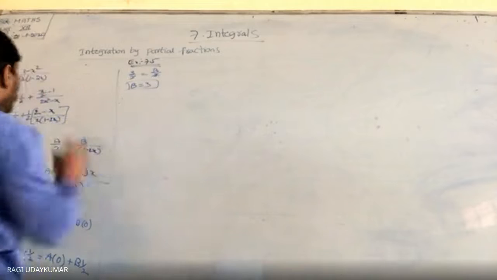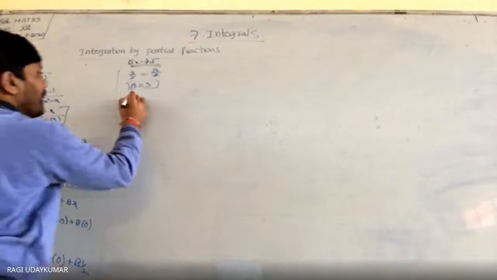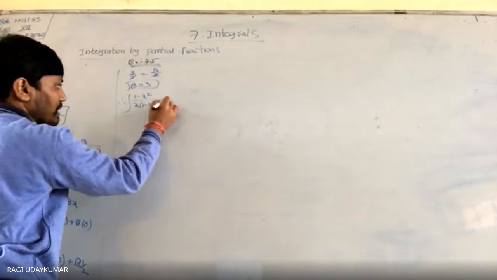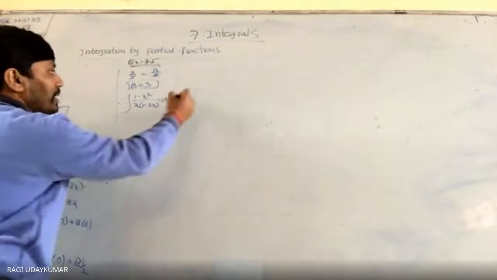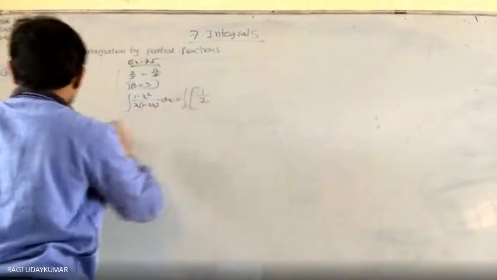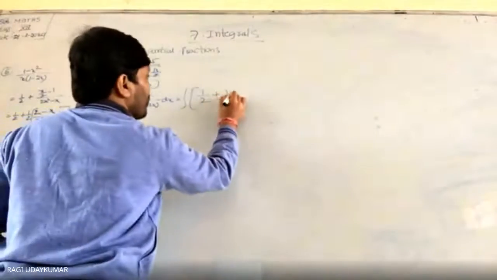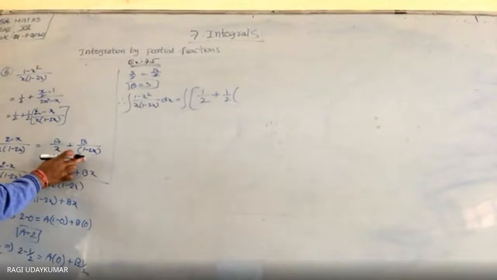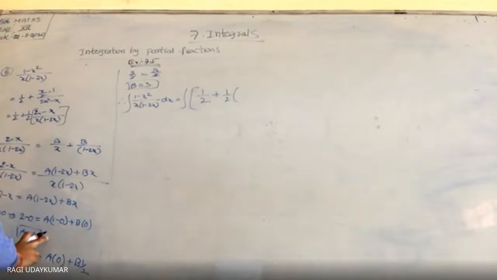So therefore ये given function है integration of 1 minus x square by x into 1 minus 2x dx can be written as integration of 1 by 2 plus 1 by 2 in the brackets. इसको partial fraction कर लिया तो ये आ जाएगा. So a by x, a is equals to क्या 2.